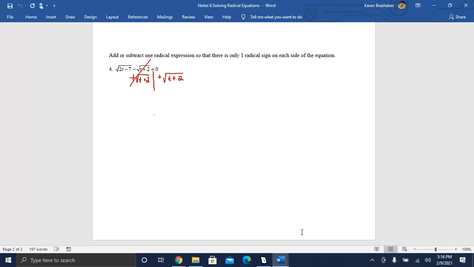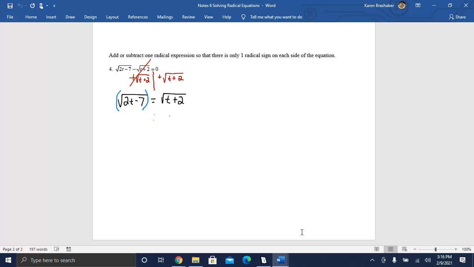So this is going to cancel over here. And then I'll have the square root of 2t minus 7 equal to, and then on the other side, I'll have the square root of t plus 2. So now my square roots are by themselves, one on each side of the equal sign.